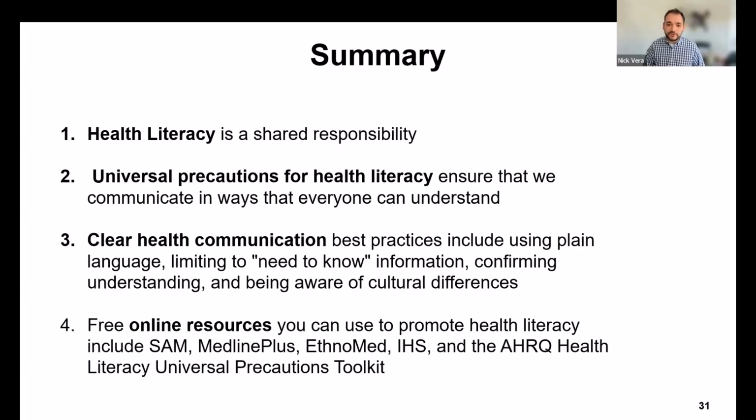Clear health communication best practices include using plain language, limiting to need-to-know information, confirming understanding, and being aware of cultural differences. And last but not least, we looked at a lot of free online resources you can use to promote health literacy, including that SAM sheet, MedlinePlus, Ethnomed, Indian Health, and the AHRQ Universal Precautions Toolkit that we showed you all earlier.